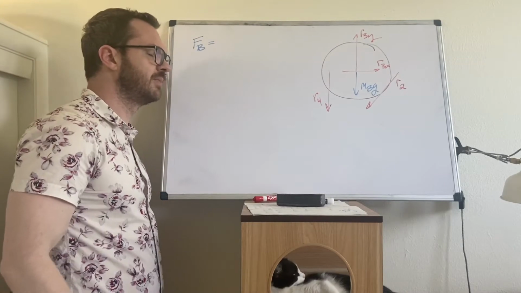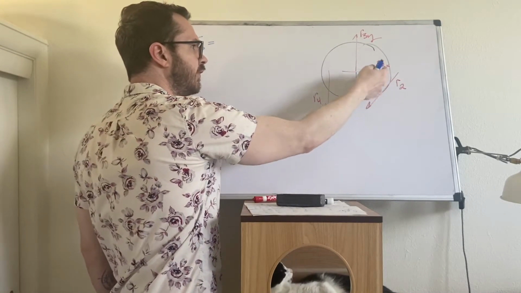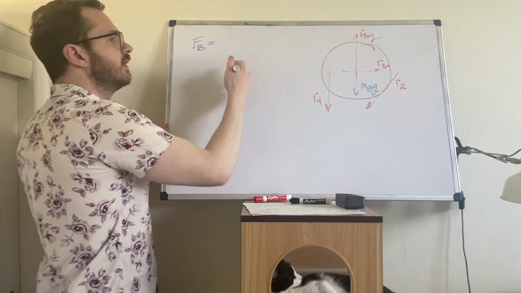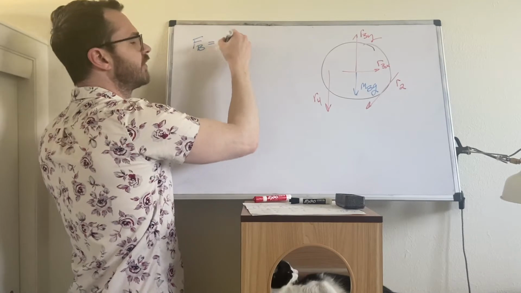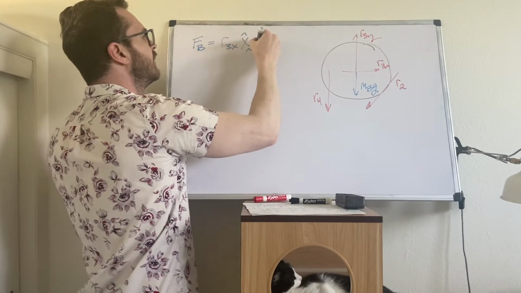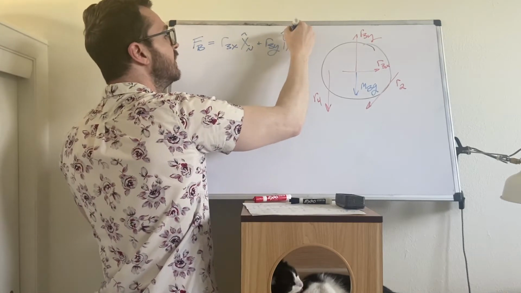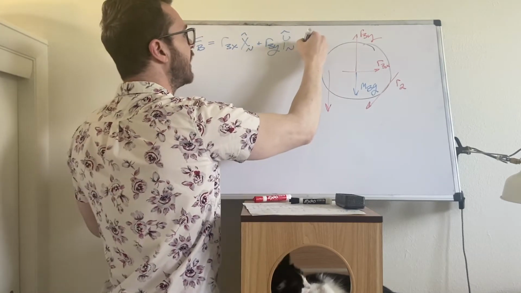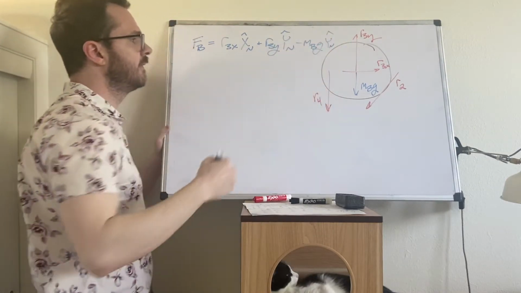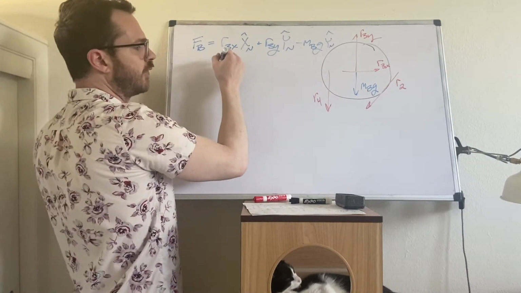Let's move on to the next one. Sum of forces on B. From the diagram, 1, 2, 3, 4, 5 forces. We'll start with the ones at the pin, R3X in the X hat N, R3Y in the Y hat N. Let's get gravity in, minus MB G Y hat N. Let's do reaction number 4.